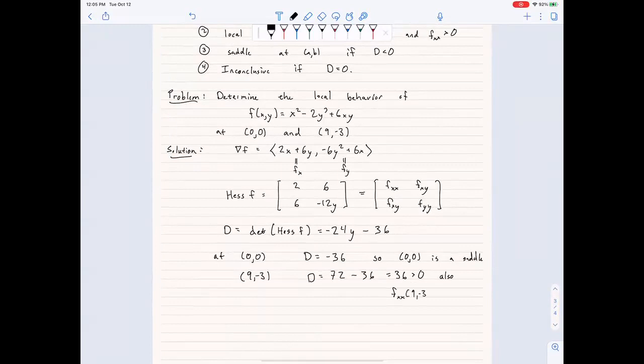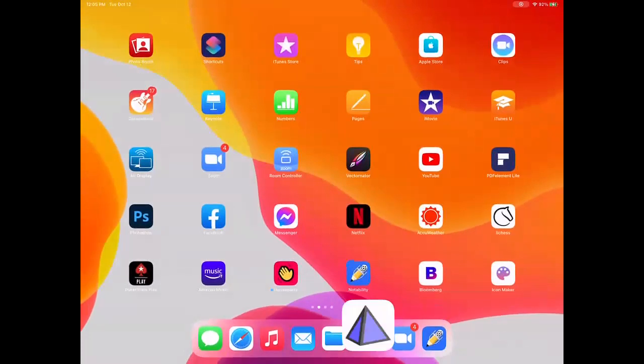So 9, -3 gives a local min. So this is the way to solve this: define the local behavior of your function at that point. Now, I guess this is a pretty big value or something, because I tried to put this into the graphing tool and it got a little messy, but I did graph it out.